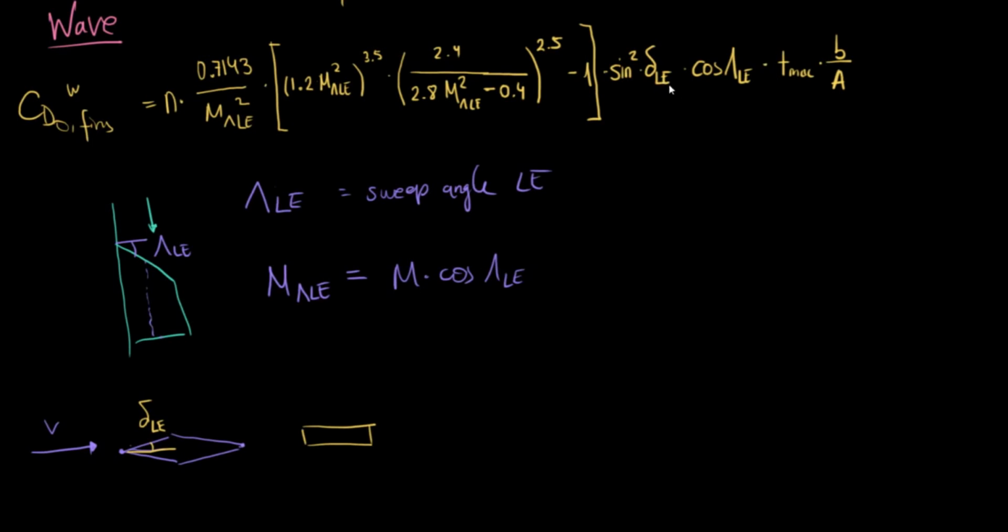I think he just calls this the angle of the tip. If this angle, we'll call it just delta leading edge, is very large, this is a square term, we're going to have a ginormous wave drag due to the fins. So we're going to want to get this down and have a sharp edge.